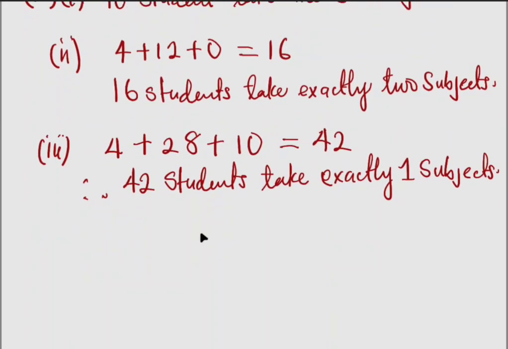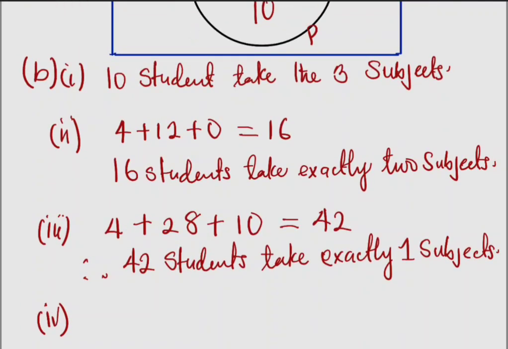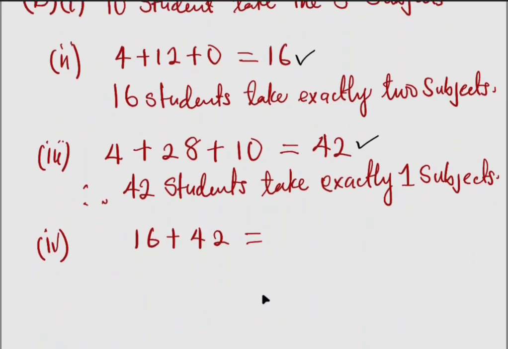So at most 2 subjects, we have sorted out for 1 subject and we have sorted out for 2 subjects. So it means the sum of this for 2 subjects and 1 subject. So which means 16 plus 42, that will give us 58.